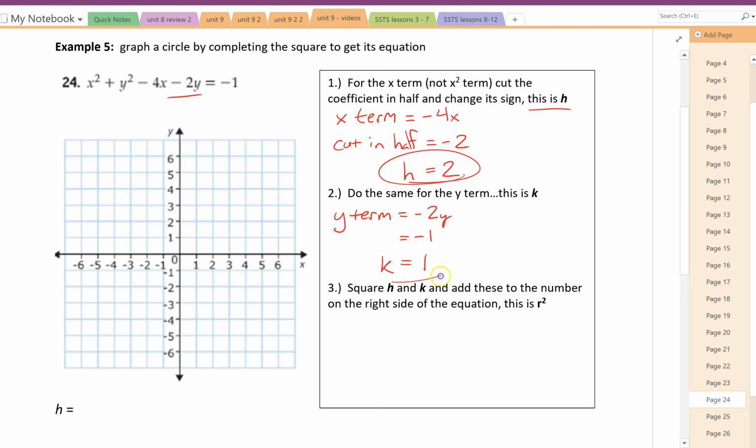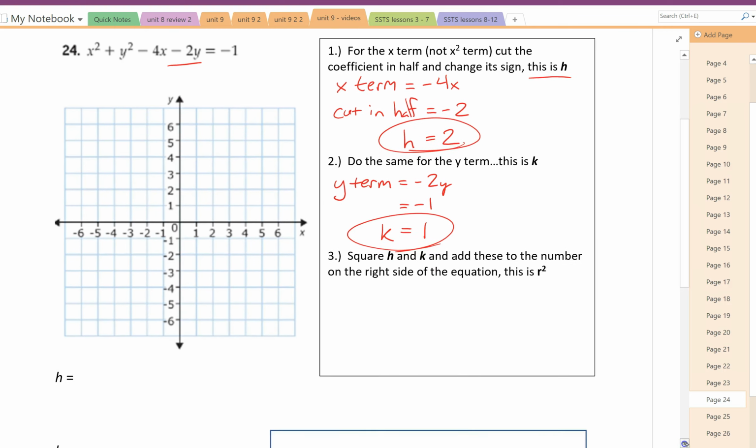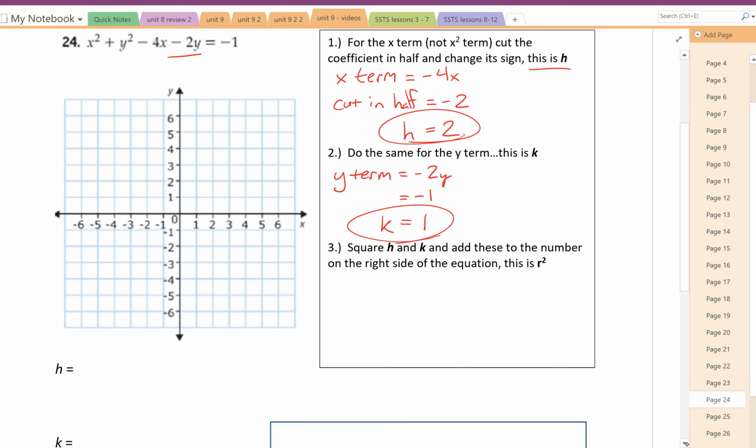So I have h, I have k. Now to find r squared, I'm going to take h and k, square them, and I'm going to add them to this number on the right side of the equation. So I have the number on the right side of the equation, plus h squared plus k squared. Those three things together are going to give me r squared.